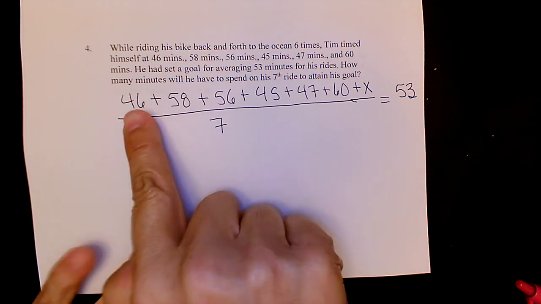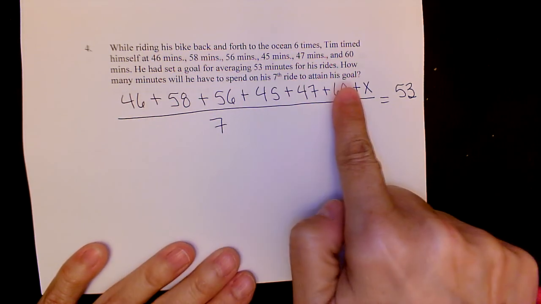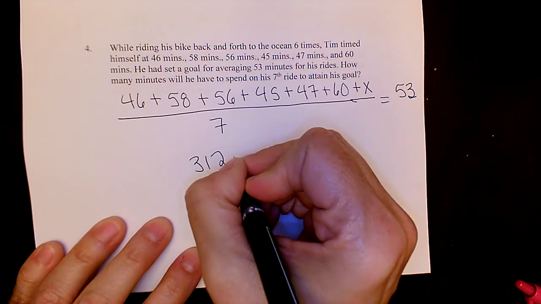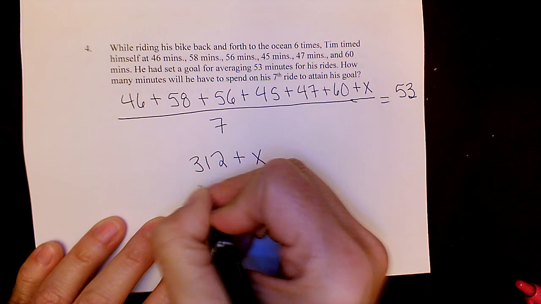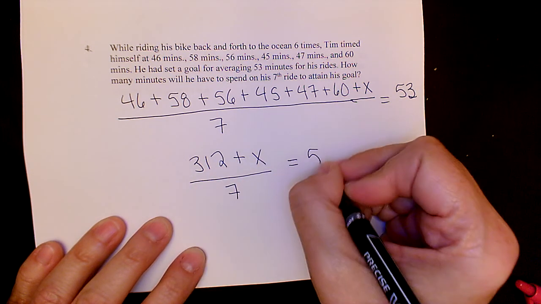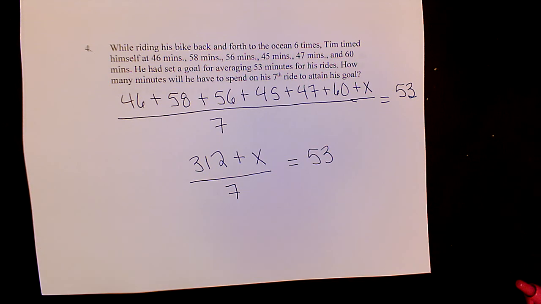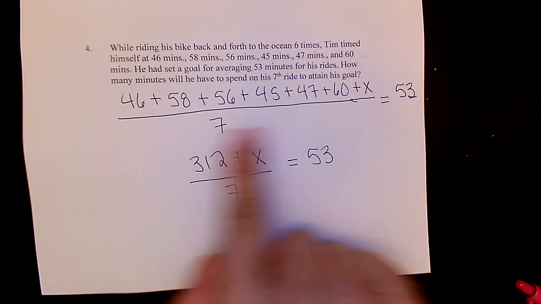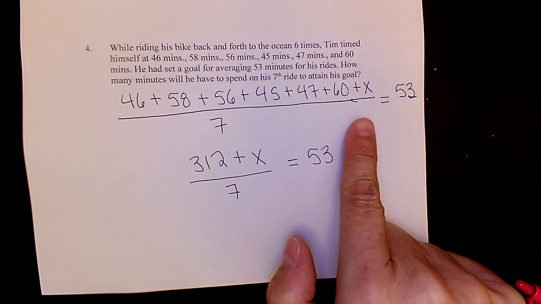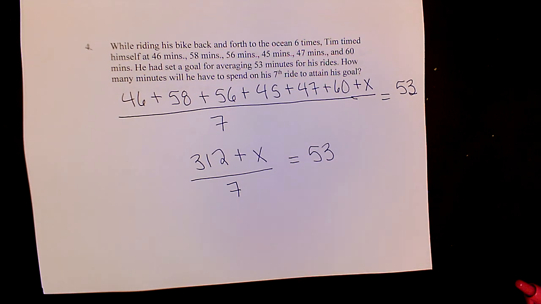So when I add all these 6 numbers up together, I get 312. So I just added all the 6 scores together, plus x, still divided by 7 equals 53.